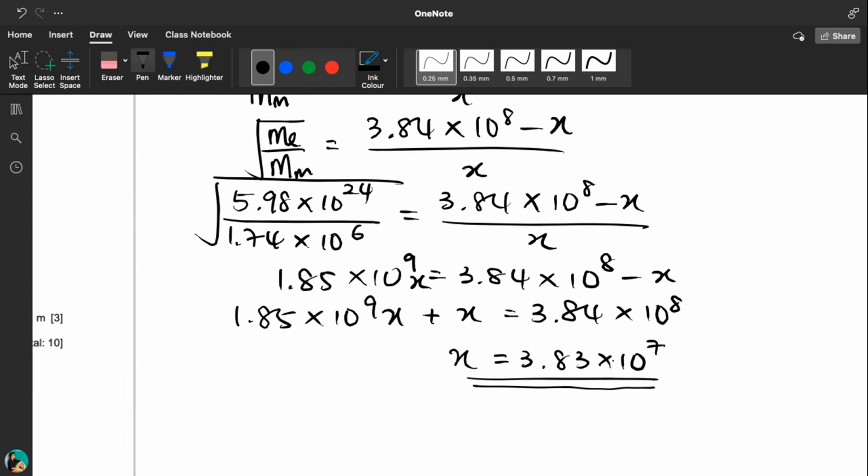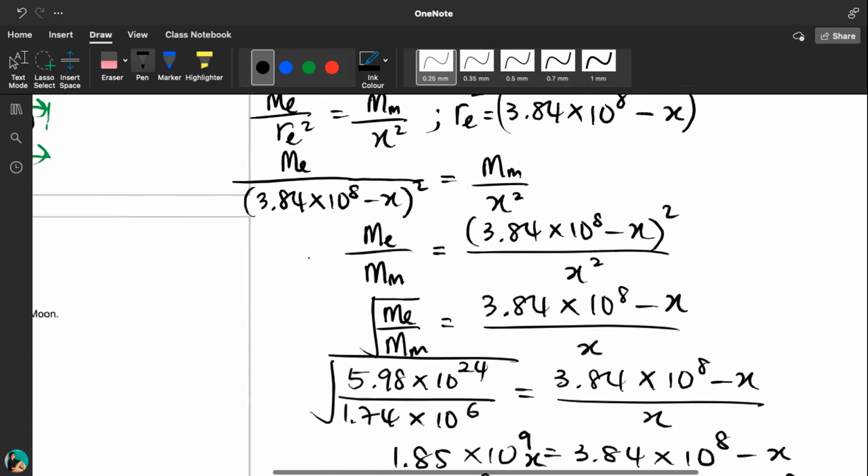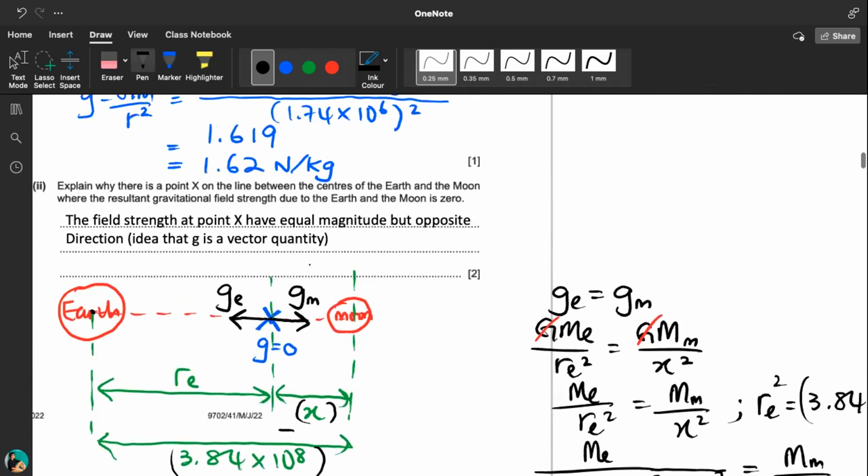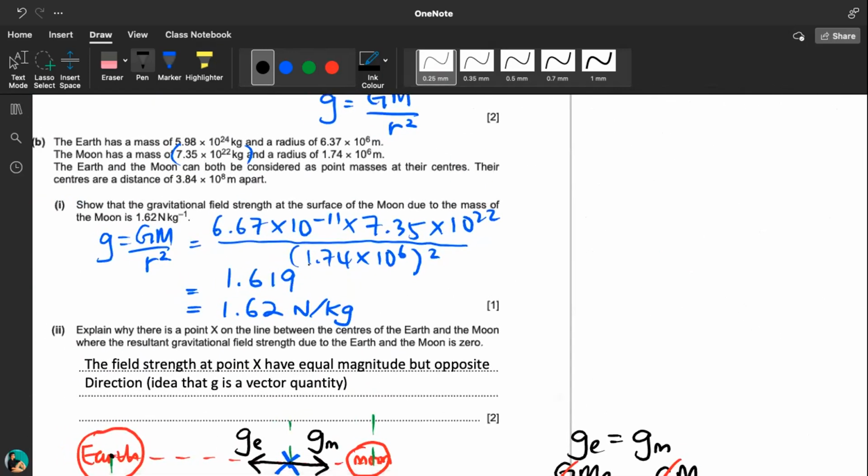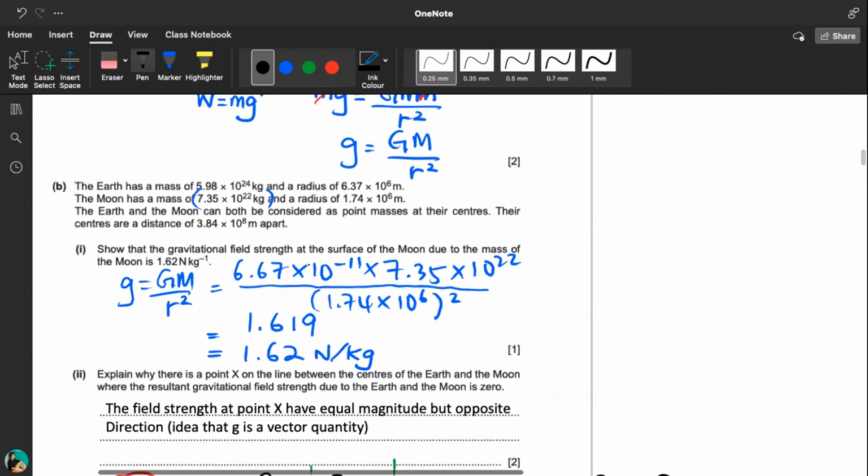Final answer should be 3.83 times 10 to the power of 7 meter. Did I put the wrong value?